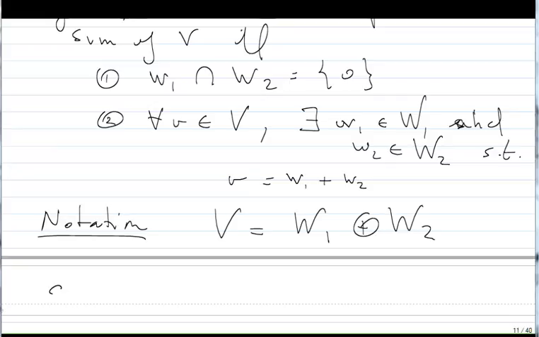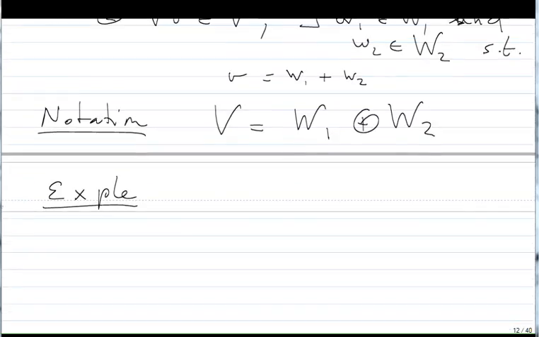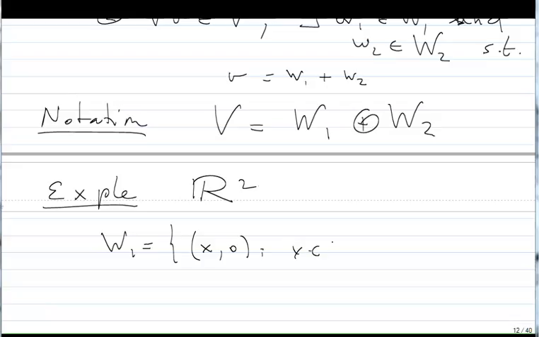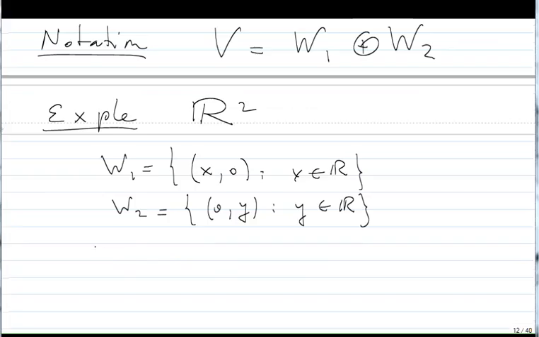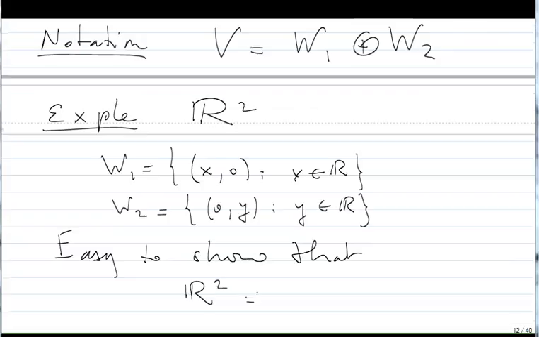So, for example, let's take R2, and let's take W1, the set of (x, 0), x belongs to R, and W2, the set of (0, y), y belongs to R. It's very easy to show that R2 is equal to W1 plus W2.